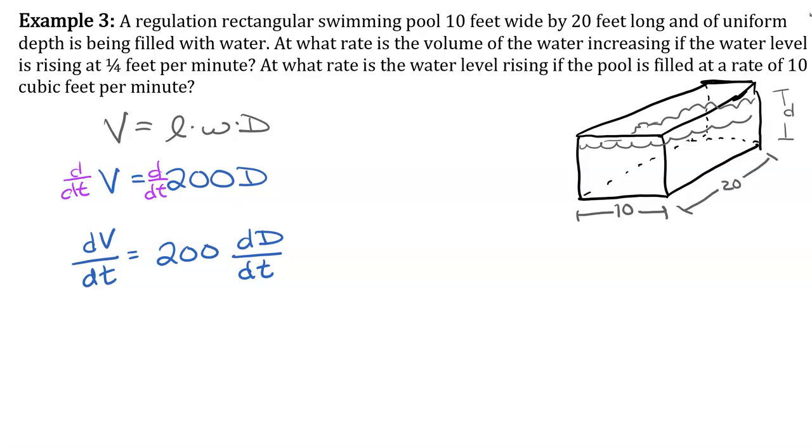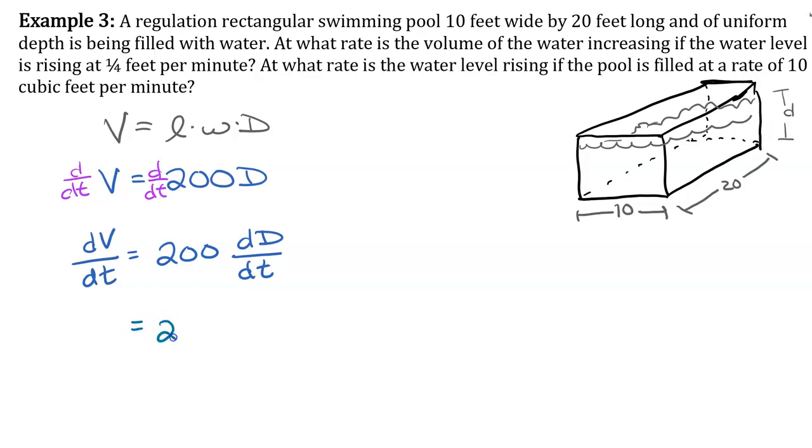All right, so now I think we can take a peek. So at what rate is the volume of water increasing? So I'm looking for dV/dt there. If the water level is rising at a quarter foot per minute. So that's the depth. Water level would be depth.